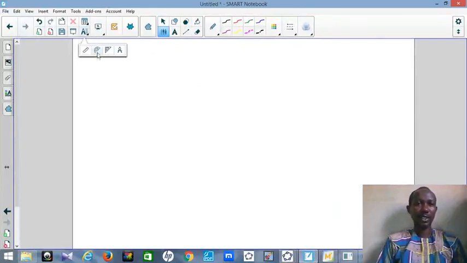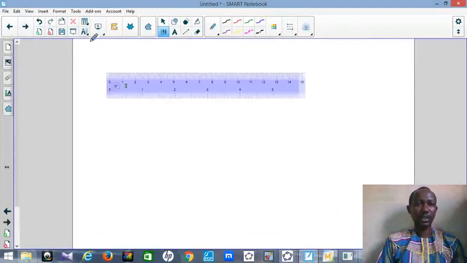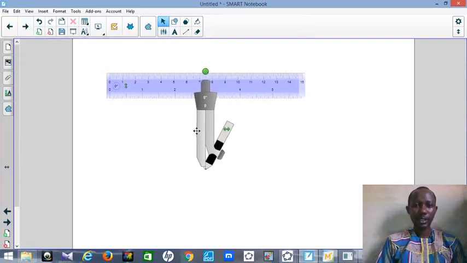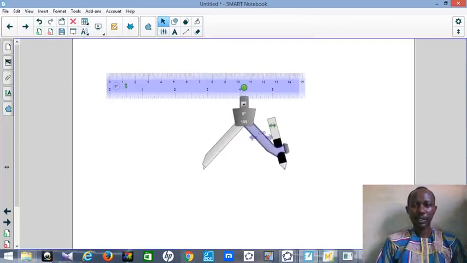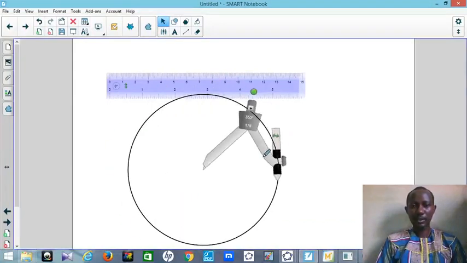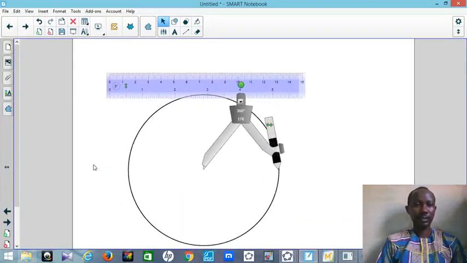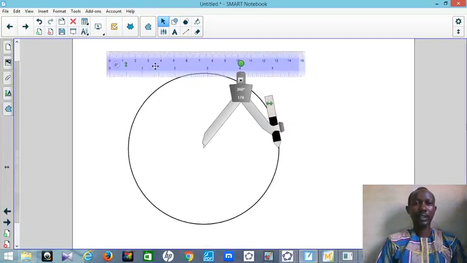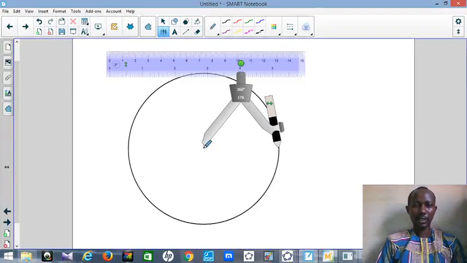So the same procedure, without wasting time, get your compass and your ruler. Place your compass, make your circle, okay, then get your center. This is our center, which is very, very important.